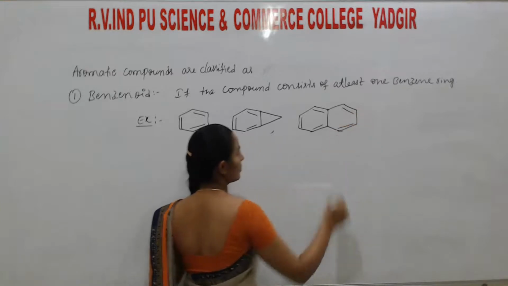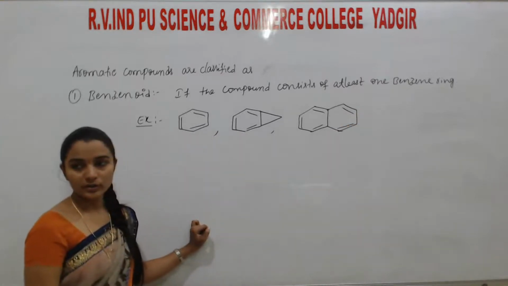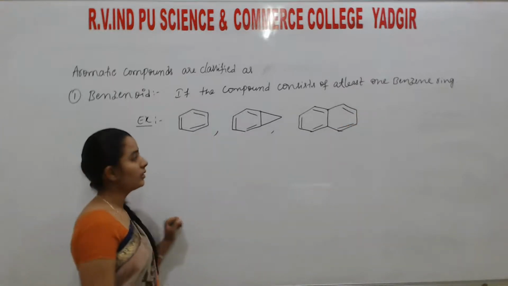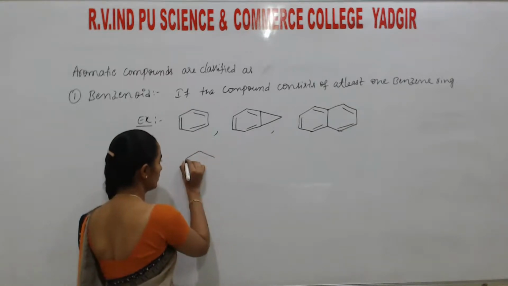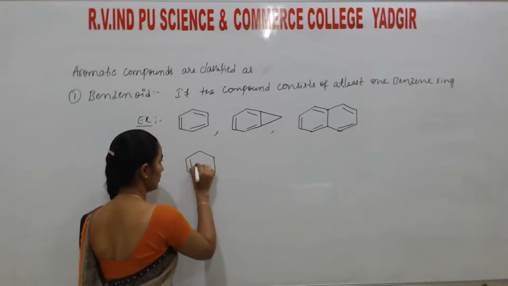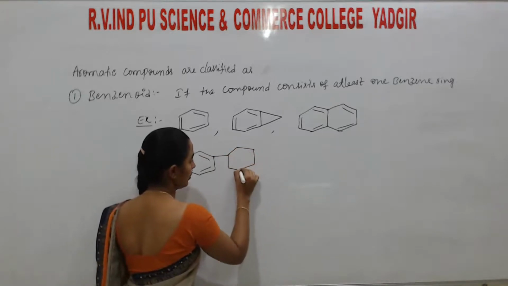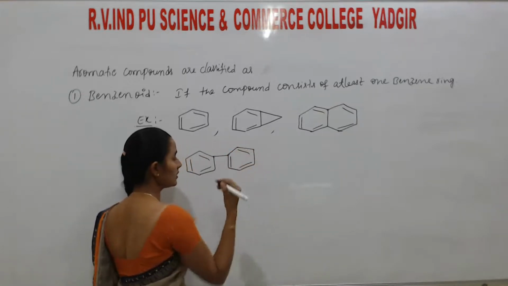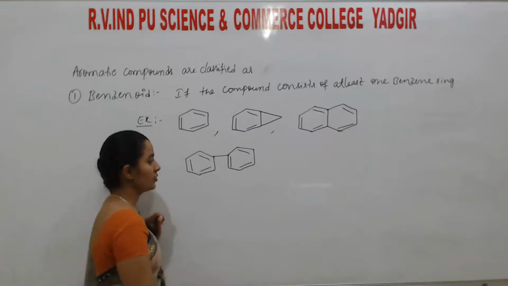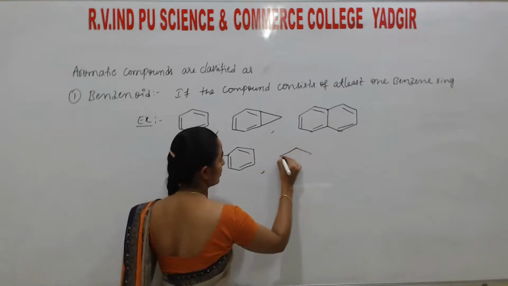This is also an example for benzenoid. Understand? Next. This is also an example of benzenoid because they consist of at least one benzene ring. Next.